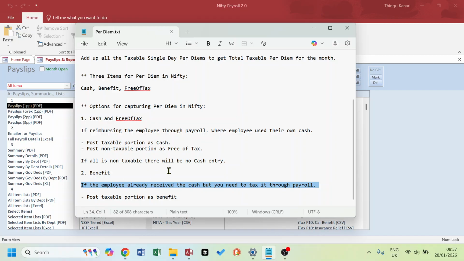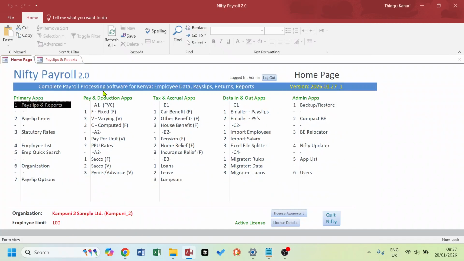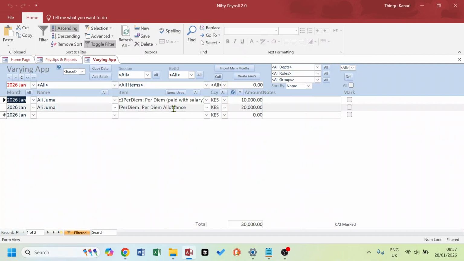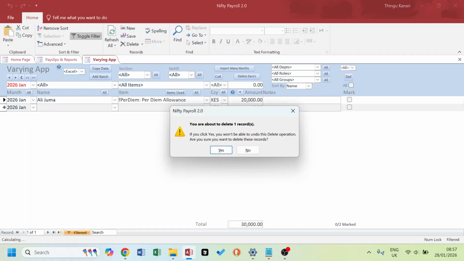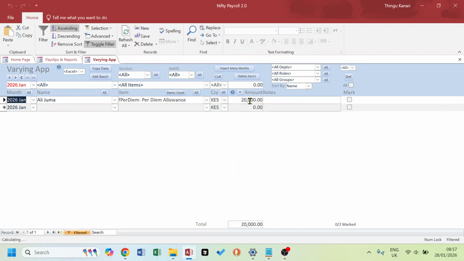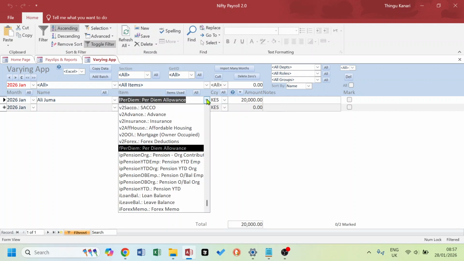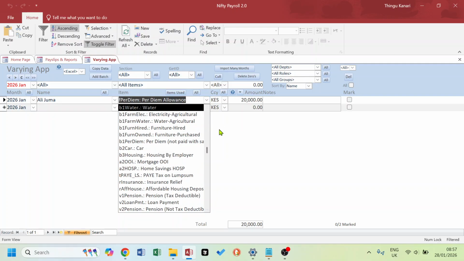In the second case, where the employee already received the cash, but you need to tax it through payroll, the only bit you're going to put is the taxable bit, and you'll put it in as a benefit. So let's go back there. You're not going to put this cash element, so let's delete that. Actually, I should have deleted this free of tax portion.